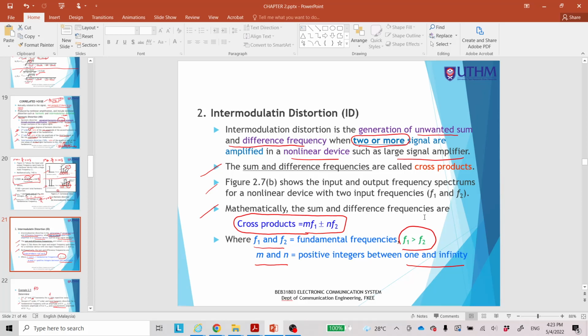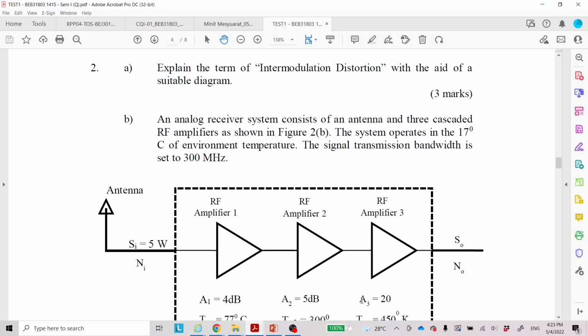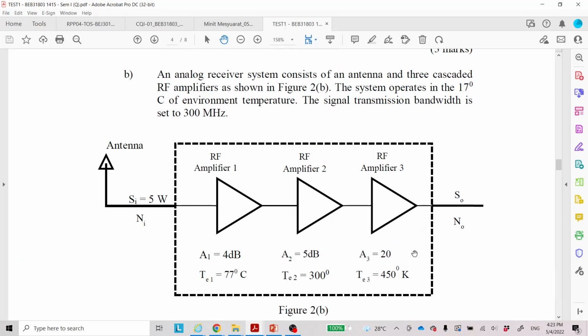And you need to provide a simple figure, which is figure B. That means you need to explain and provide the figure. Okay, simple.